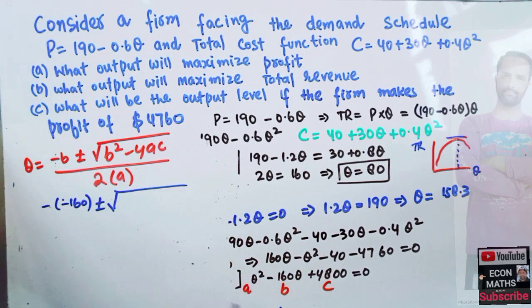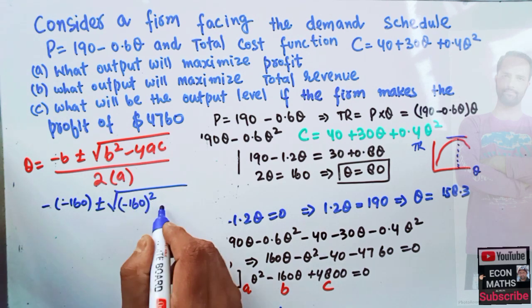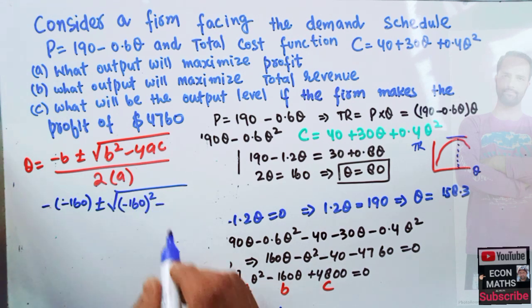Then plus minus the square root of b square, which means minus 160 square, then minus 4 into a into c.